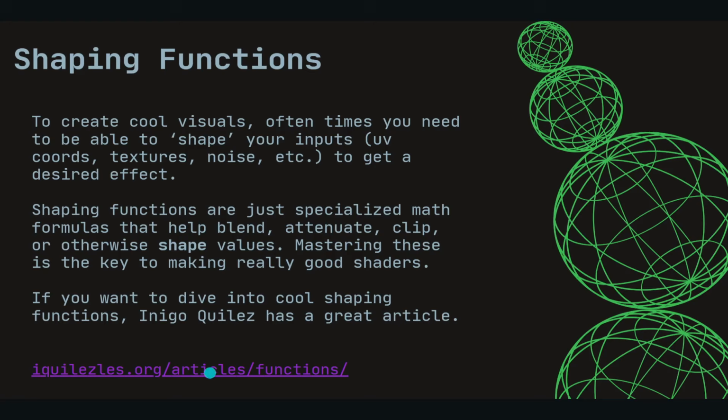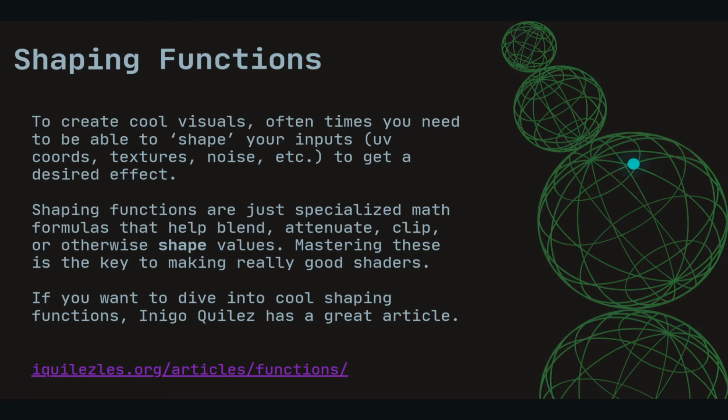You guys can check this out later. If you search up Inigo Quilez, he has a whole website with so many articles. They're really good. I haven't read them all, obviously, but he has one called Functions. Just search it, and it'll be there. There are a lot of cool functions that he's written for us in GLSL that we could just use. Give it an input, and it'll give us some shaped output. So that's that.